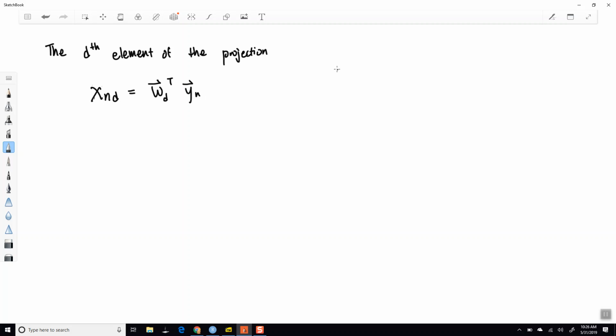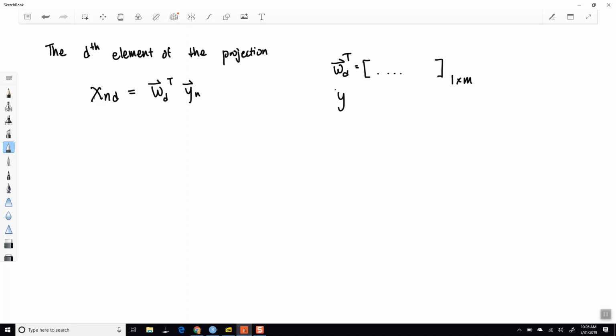So w is some kind of weight, and I'll just say w d transpose is going to be 1 by m, okay?